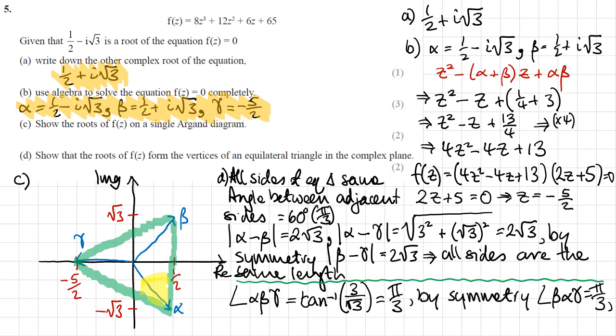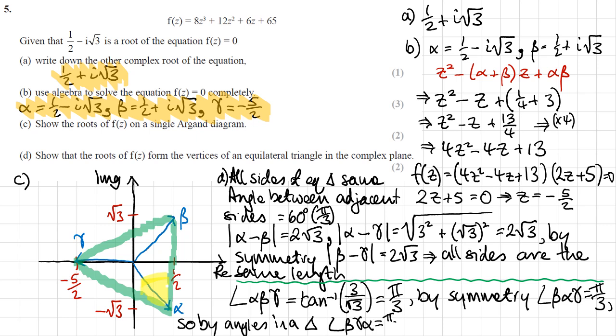So by angles in a triangle, the other one must be pi over 3. The other angle, which is angle beta gamma alpha, is equal to pi over 3.